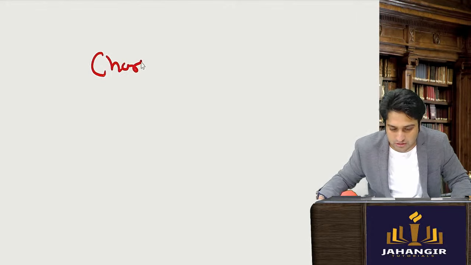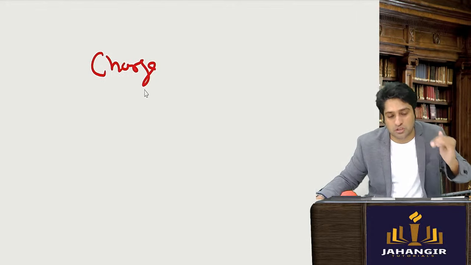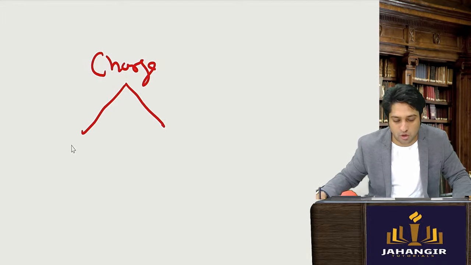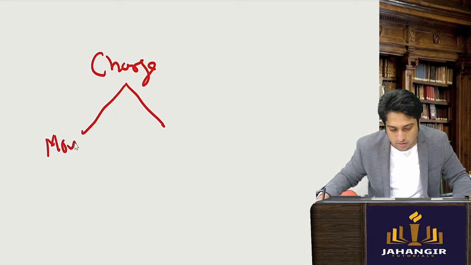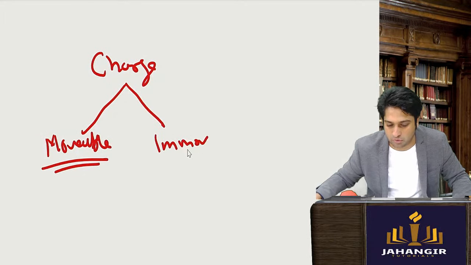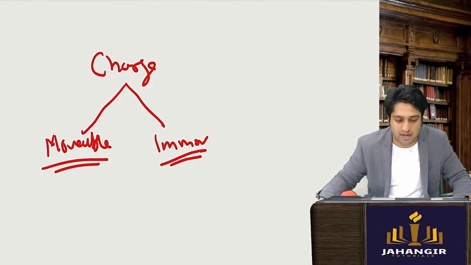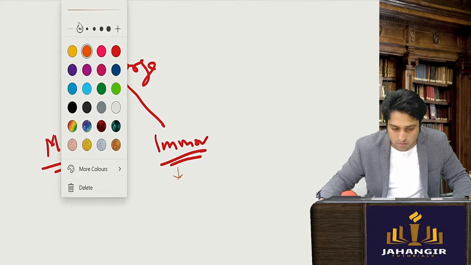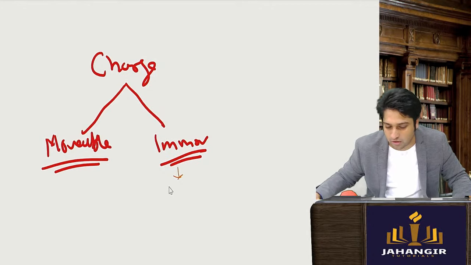Now we have charge includes a mortgage. Now see, charge can be created on movable as well as immovable property, whereas mortgage is only created on immovable property.